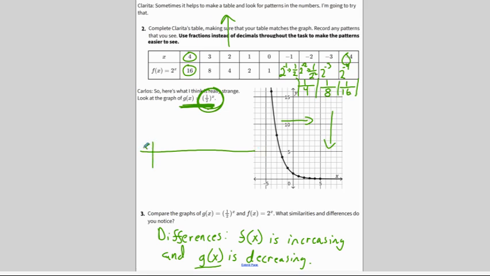Now, the other thing I want to do is we're going to make a quick table for this. And I'm just going to actually pull the numbers that I can off of this. So if I look over here, the coordinates right here are negative 3, 8. So I'm going to put that down, negative 3, 8. Now I can read another point, that's going to be negative 2, 4. I read another point, that's going to be negative 1 and positive 2. And then we got 0, we got 1.